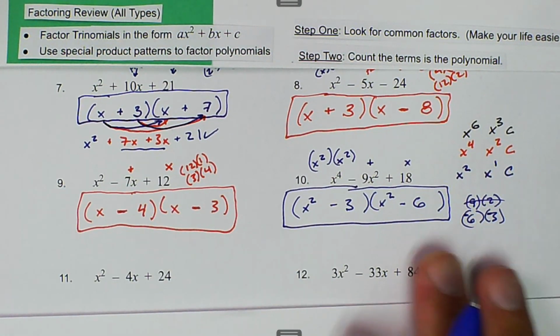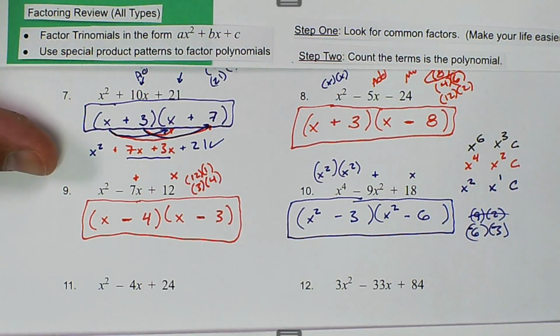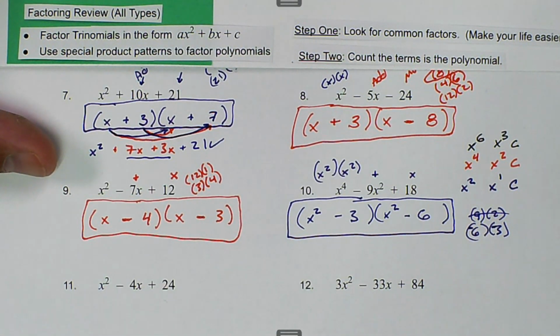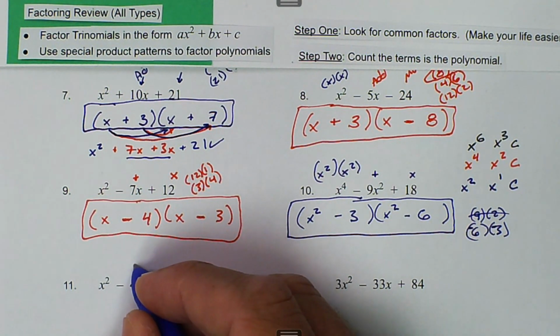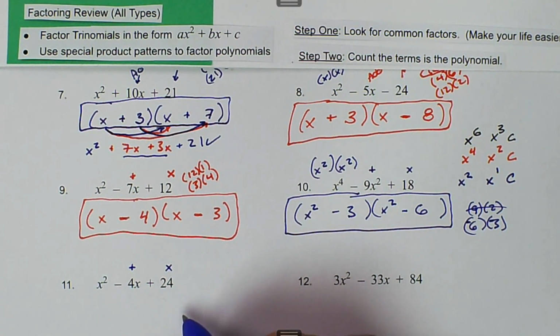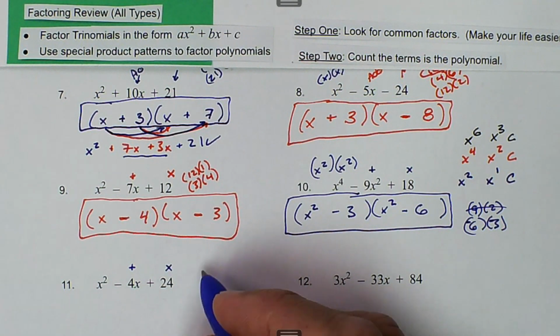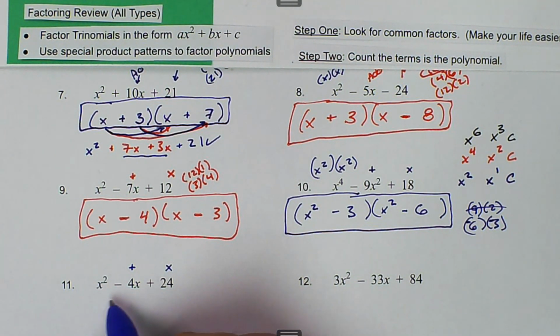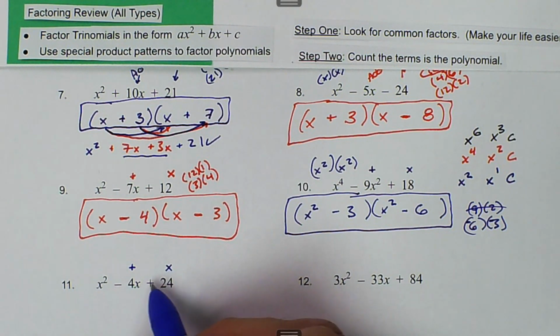Then we have our last two examples for this one. So we're still sticking with, we need to add to this middle term and multiply to this last term. So if we're looking at this, we have x squared is going to be the first one, and two numbers that multiply to 24.